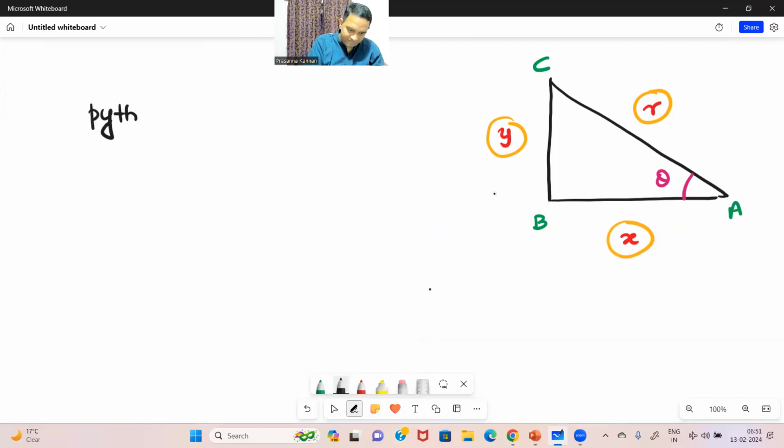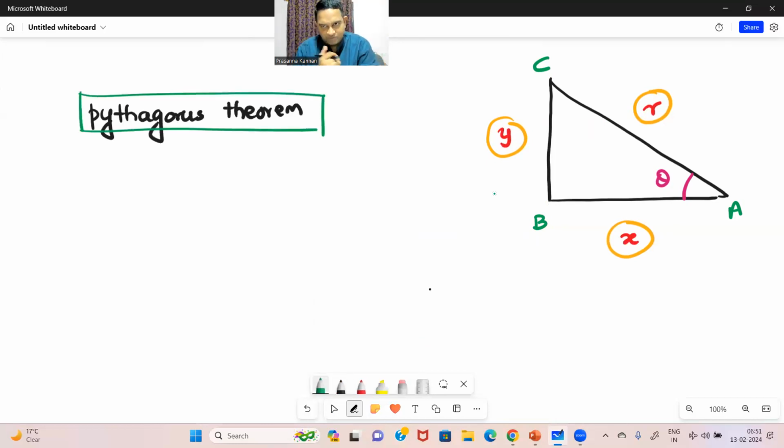It says the square of the hypotenuse is equal to the sum of squares of the other two sides. What is the hypotenuse here? CA. Square of it, CA square, is equal to sum of squares of the other two sides, CB and AB.